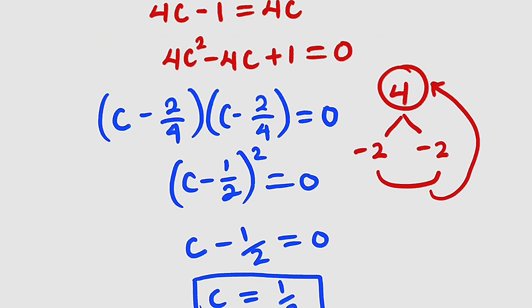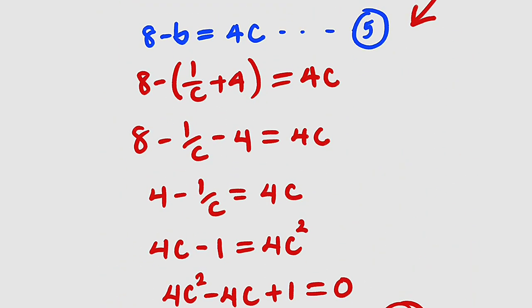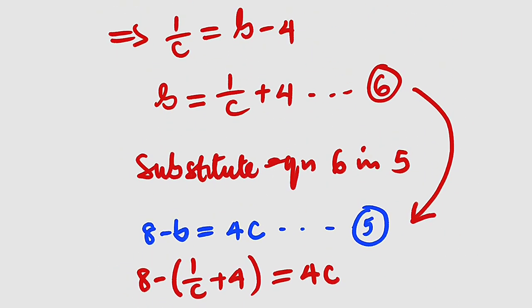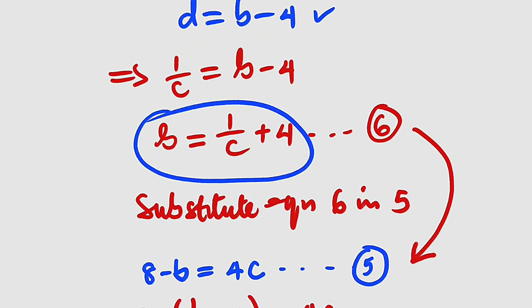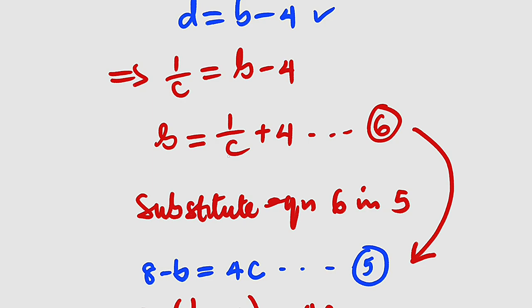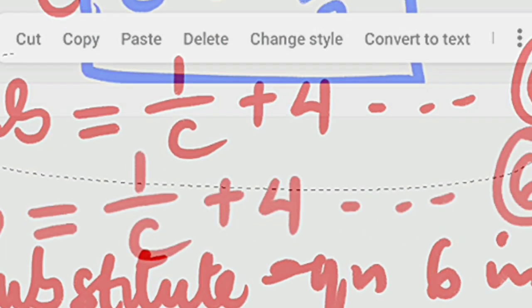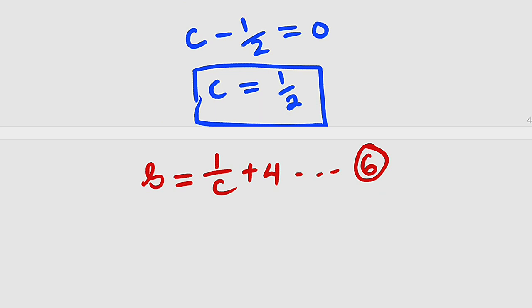All right, let us go back and see whether we have any equation written in terms of c. Oh, we have a nice one here. So we can solve for b by substituting the value of c here. Let me just copy this one. From this equation, b is equal to 1 divided by c, which is 1/2, plus 4.